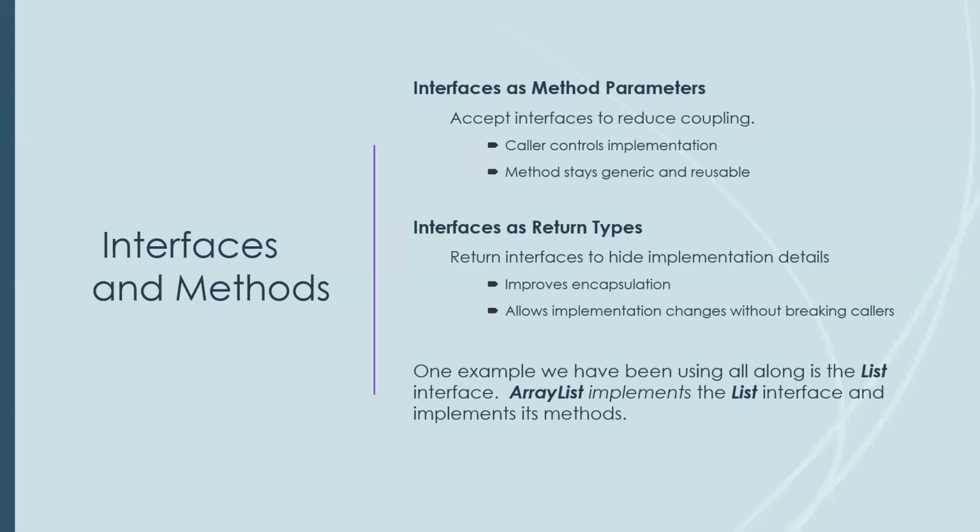And you can allow different implementations from your return type without breaking your code. One example that we've been using all along is the List interface. So ArrayList implements the List interface, and it implements its methods. So we've been using that example already.